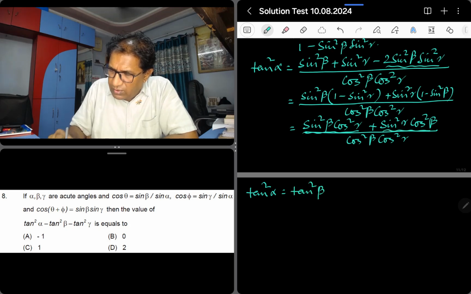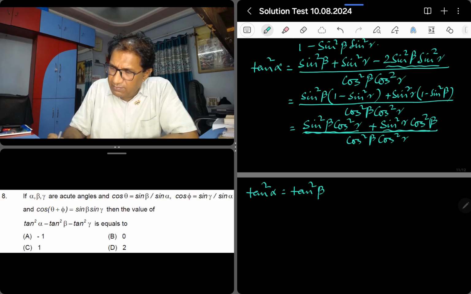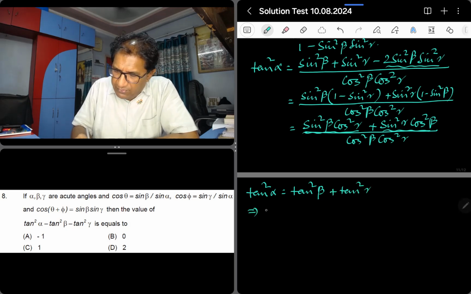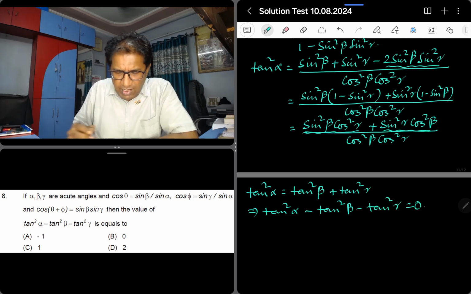And for the second one, this one when divided by cos square beta cos square gamma, it will give us tan square gamma. From here we can write tan square alpha minus tan square beta minus tan square gamma is basically 0.